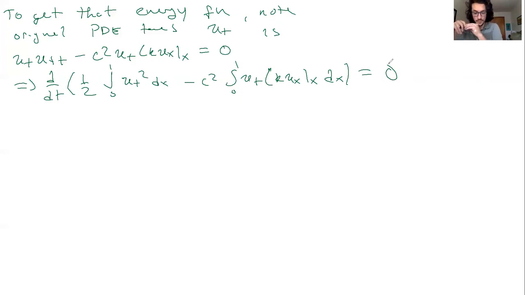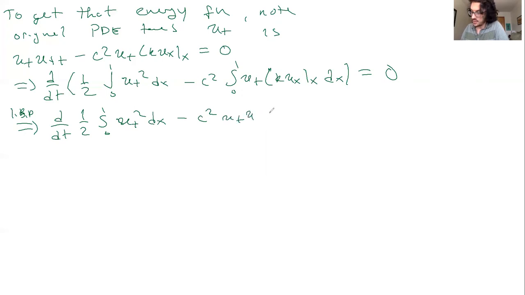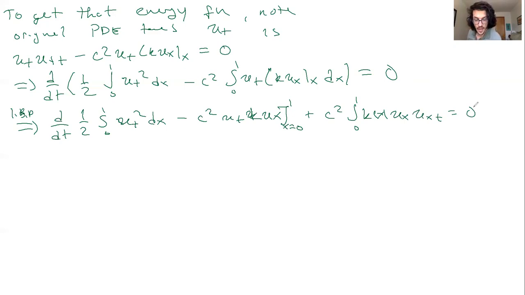Working backwards, this implies that if we integrate by parts, we get d/dt of a half integral from 0 to 1 of u_t squared dx, minus c squared u_t k u_x evaluated from x equals 0 up to 1, plus c squared integral from 0 to 1 of k(x) u_x u_xt, equal to 0.